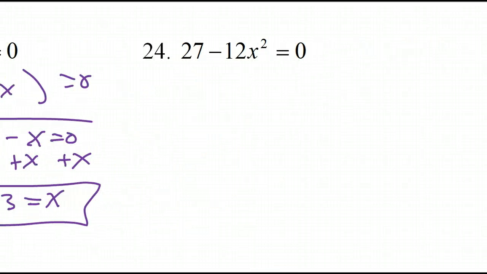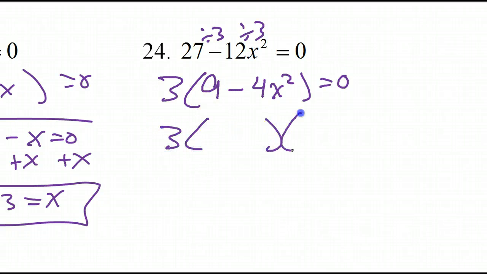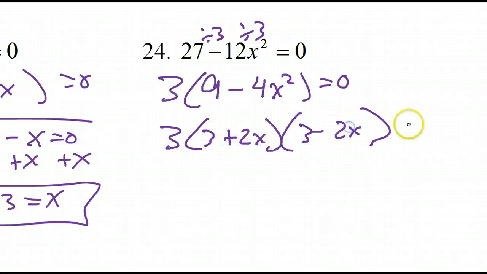Okay, last one. Oh no, GCF. Both of these are divisible by 3. Dividing by 3 gives me 9 minus 4x squared equals 0. This is the difference of two squares. So that'll be 3 plus 2x, 3 minus 2x. Zero product property.